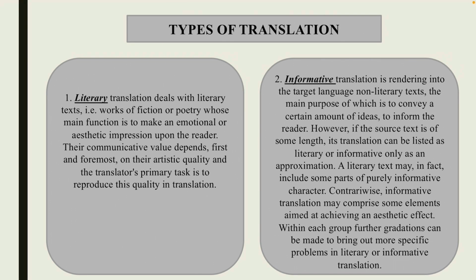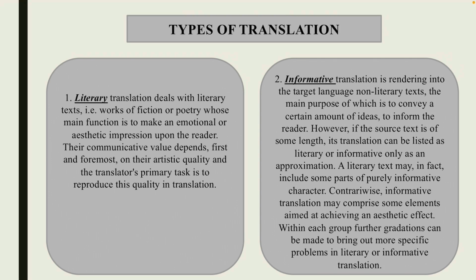The second, informative translation. Informative translation is rendering into the target language non-literary texts, the main purpose of which is to convey a certain amount of ideas to inform the reader. However, if the source text is of some length, its translation can be listed as literary or informative only as approximation.